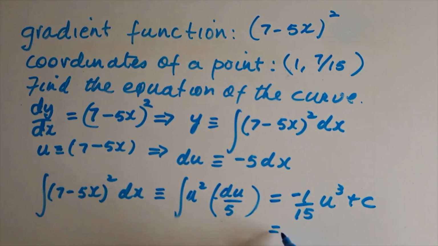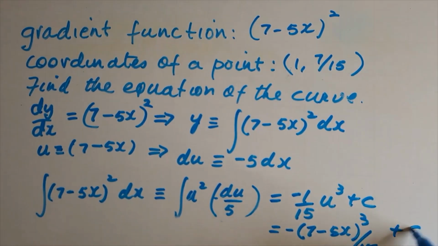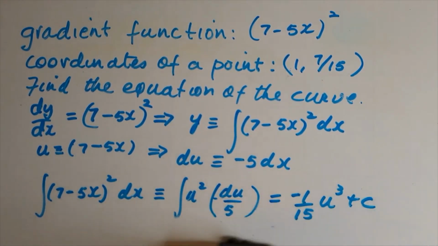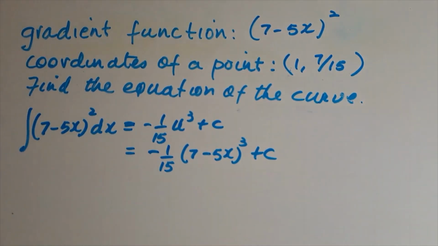And we know u is 7 minus 5x, so this becomes minus (7 minus 5x) cubed over 15 add c. So there we have it. Our integral is minus a 15th bracket 7 minus 5x cubed add c.